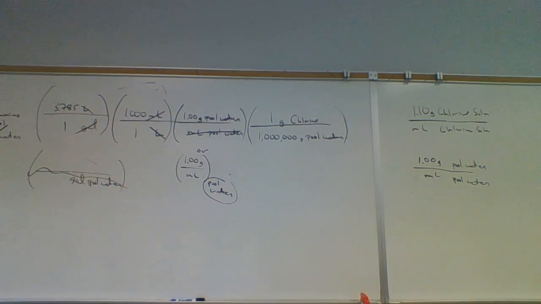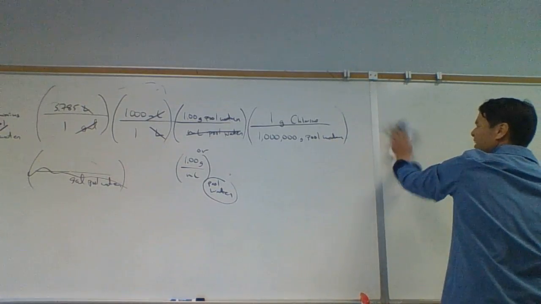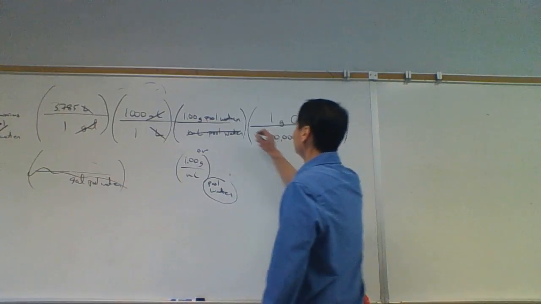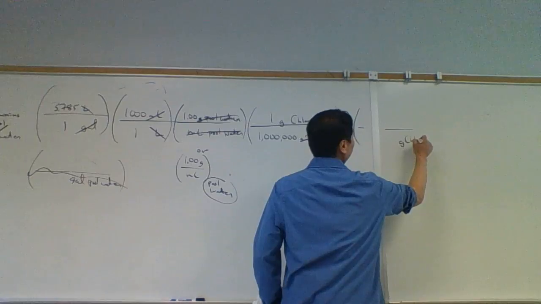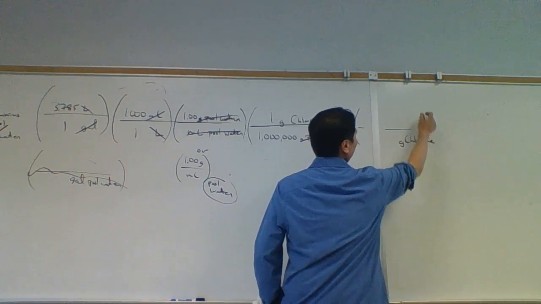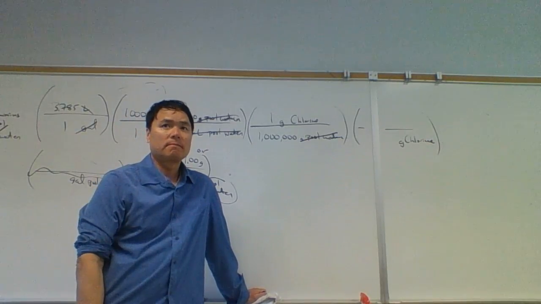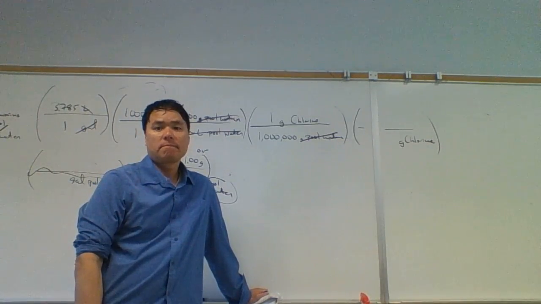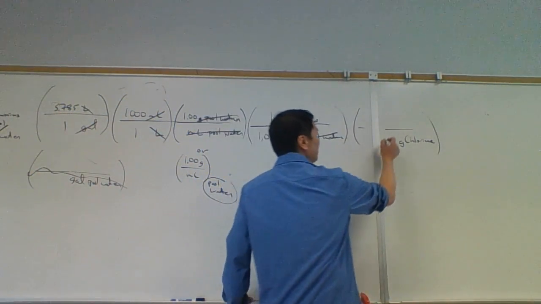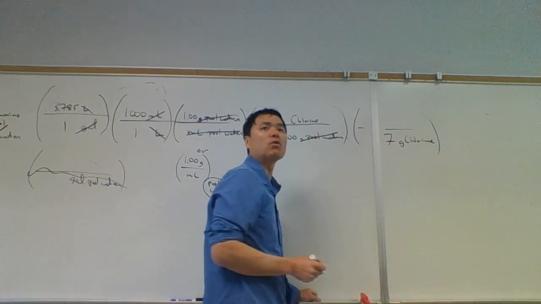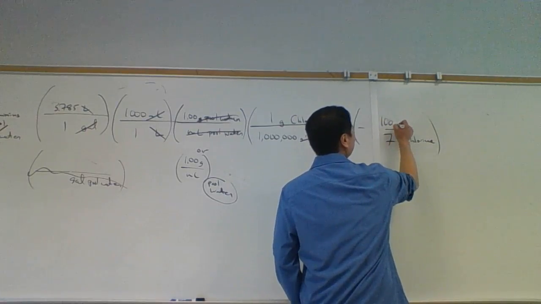Okay, now I need to get rid of grams of chlorine. Is there something that gets rid of grams of chlorine? The pure chlorine? There is. There's 7 grams of pure chlorine for every 100 grams of chlorine solution.